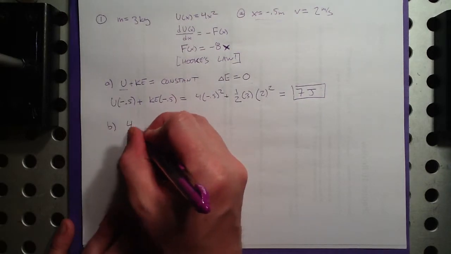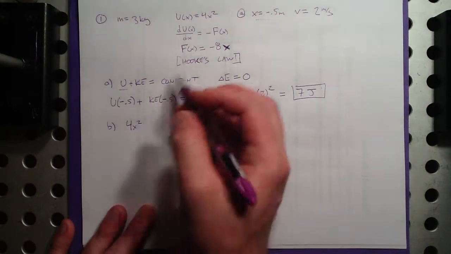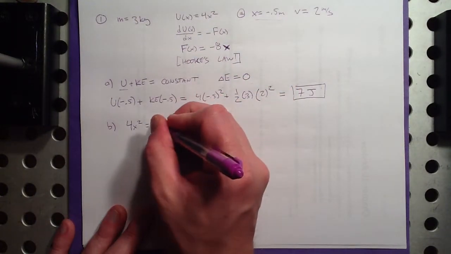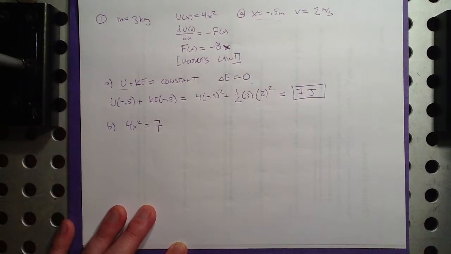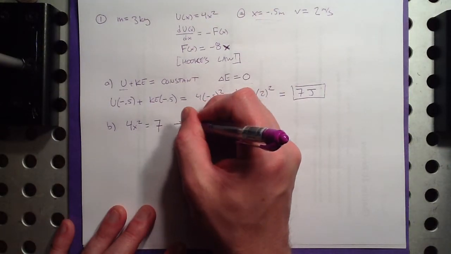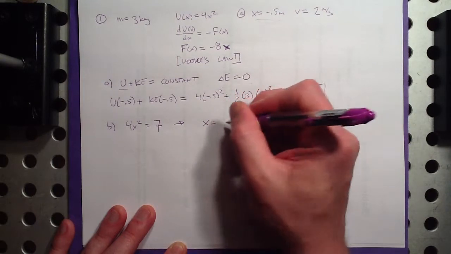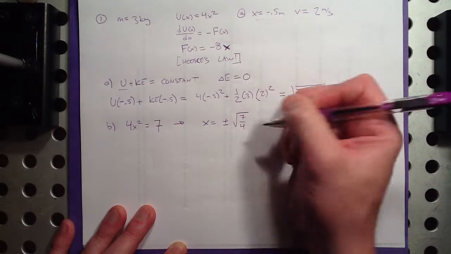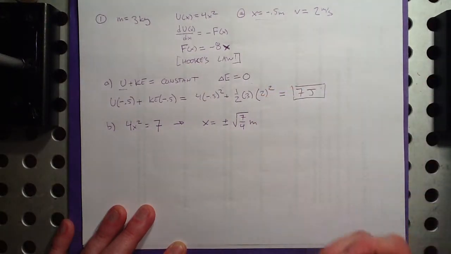So that would happen when the potential energy, or 4x squared, takes up all 7 joules of the mechanical energy. And that happens at positions plus or minus the square root of 7/4 meters.